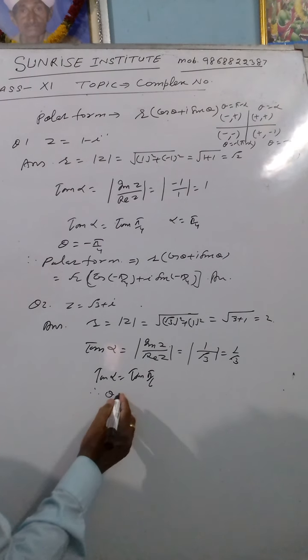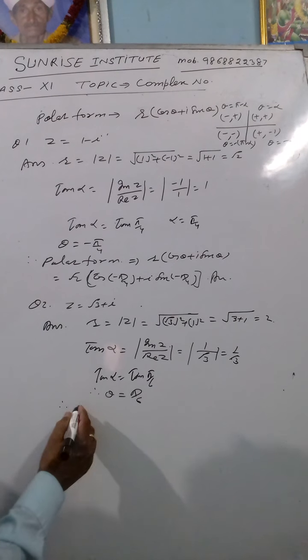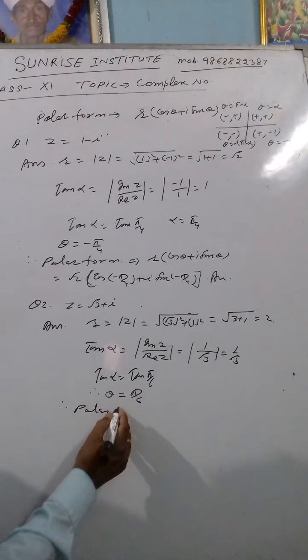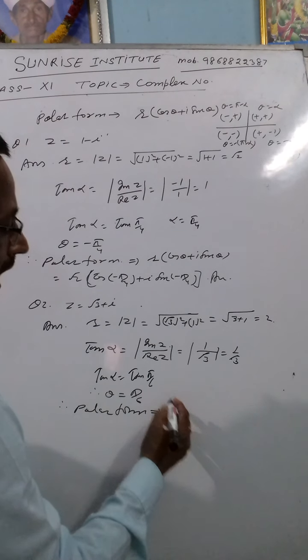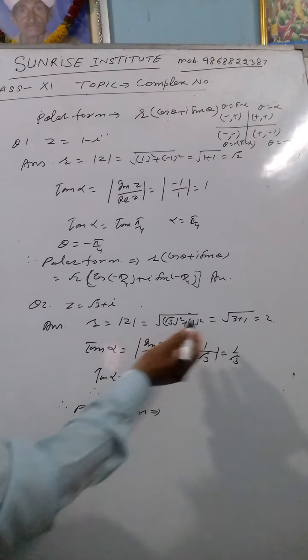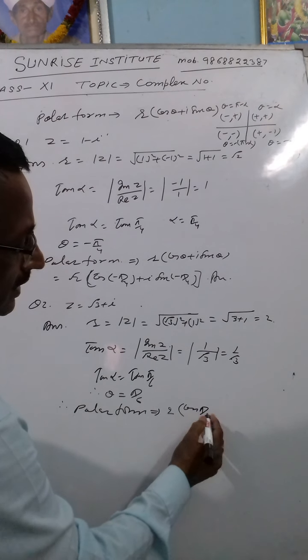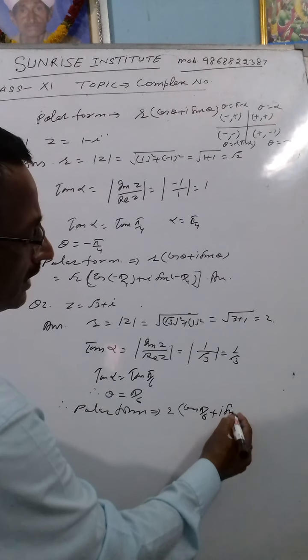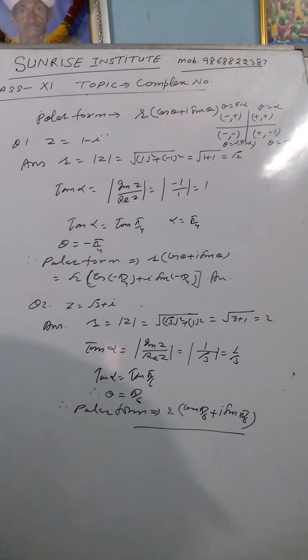Therefore theta equals alpha, that is pi/6. Then therefore the polar form is r(cos theta + i sin theta), where r is 2: 2(cos pi/6 + i sin pi/6). Okay students, that is your answer. This is the polar form.